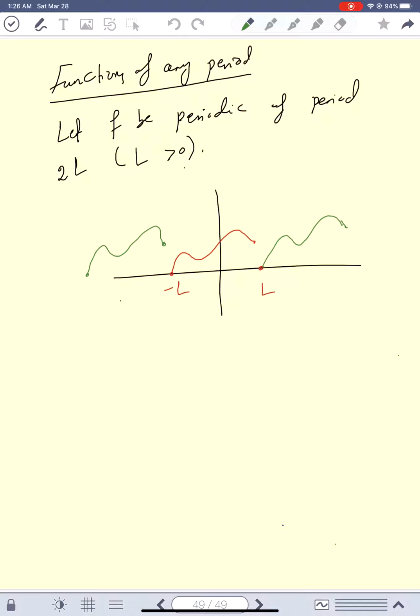Okay, so this is a periodic function of period 2l. So the 2l in this graph is this length here. We want to find what the Fourier series of this function looks like.